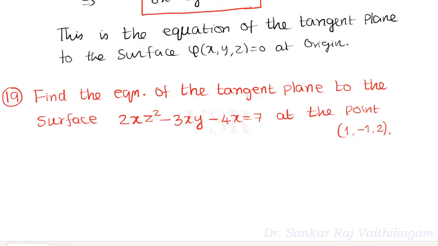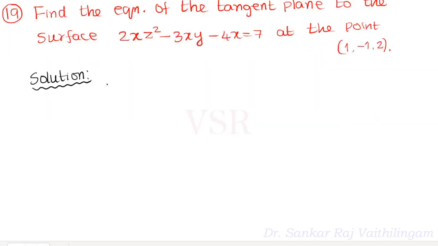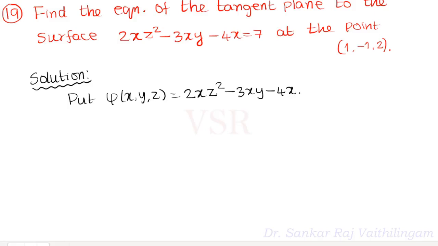So we'll go for a solution. என்னது அப்படியே எழுதிக்கலாம். Okay, so put phi of x comma y comma z which is equal to 2xz square minus 3xy minus 4x. Okay, I'll keep this as my scalar function.